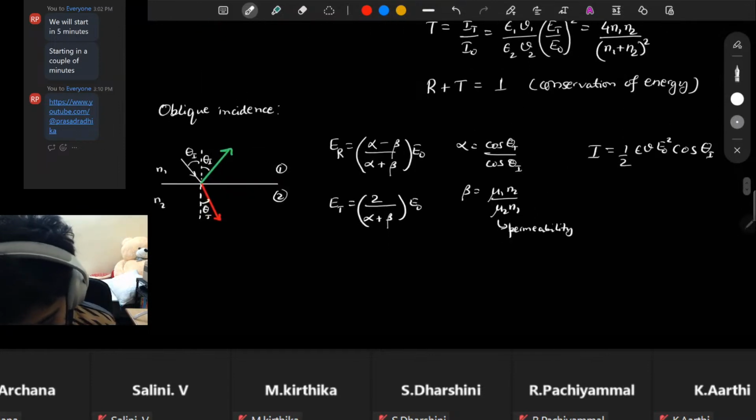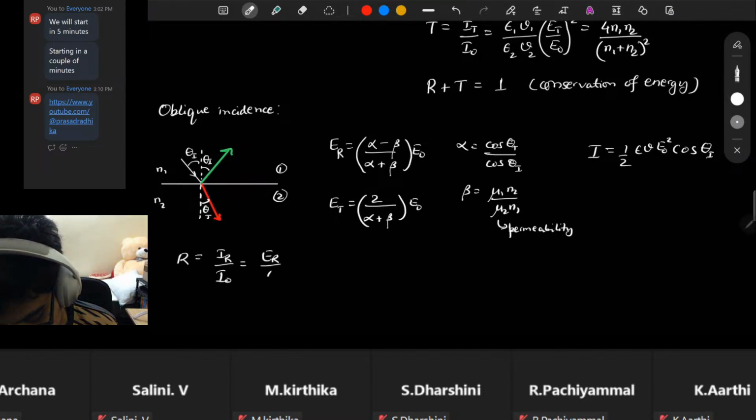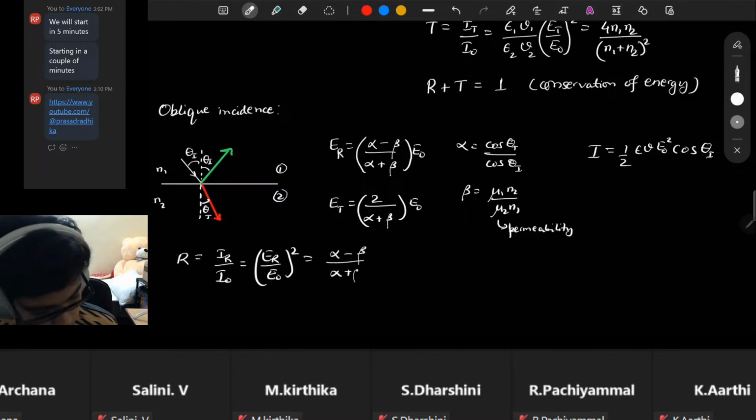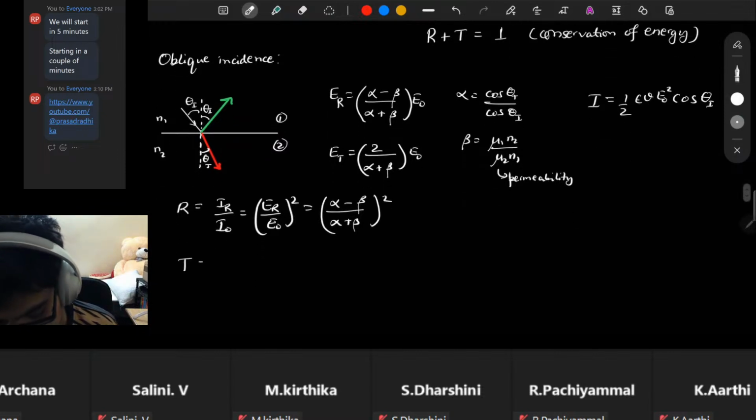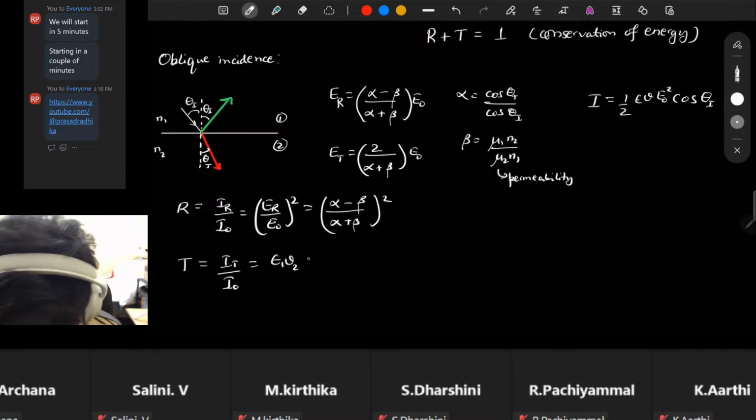So let us write down then. The reflectance is reflected intensity over incident intensity, which comes out to be this. Transmittivity is transmitted intensity over incident intensity, and the expressions would be slightly different looking.